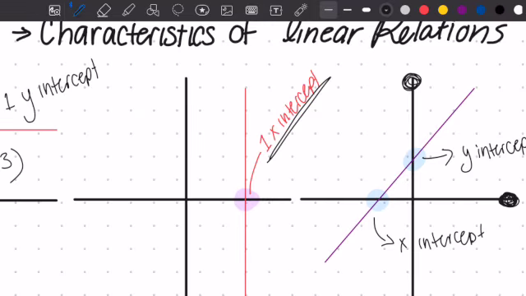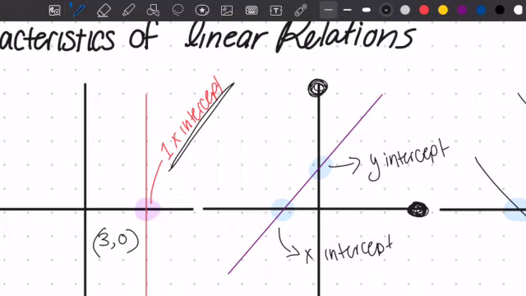This X-intercept here would be a 0 Y coordinate and a 3 X coordinate, so 3, 0. This X-intercept for this third line here would be let's say negative 2.5 for the X and 0 for the Y. And this Y-intercept would be 0, 1, 2.